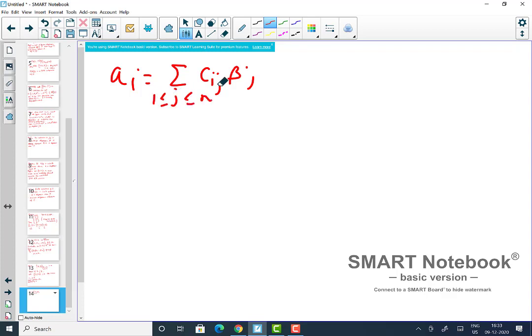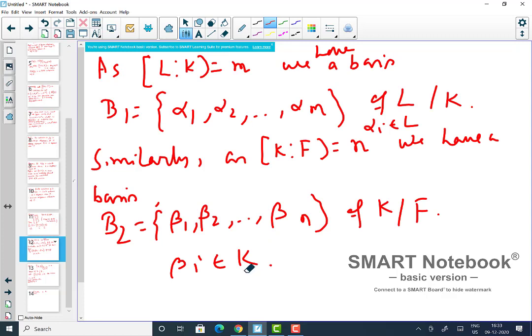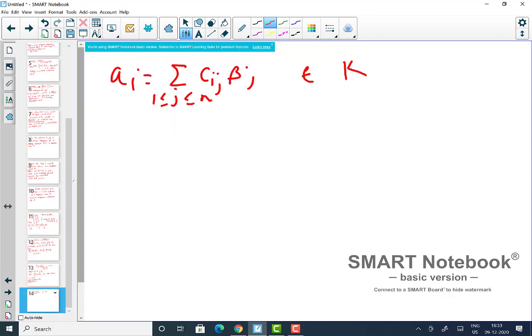If we take this sum, it will involve i, because in the right hand side the sum is over j. So these ai's are elements of k, right? Because beta 1, beta 2, beta n are elements of k, and if you take a linear combination over the field f, that will be an element of k. So all those ai's are elements of k.